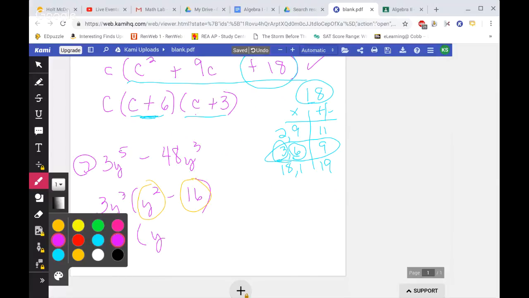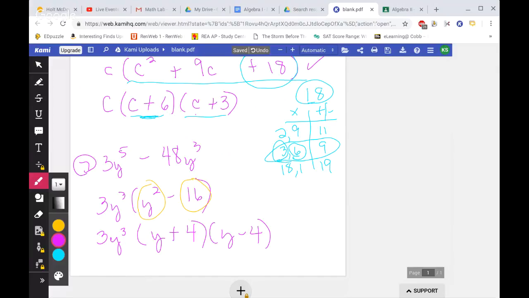So when it's the difference of two squares, that means there's a square in the front and a square in the back with a minus sign in the middle. Yeah, that makes sense. And basically it factors down to y plus 4, y minus 4, because the whole point is that the middle term cancels itself out. So if I were to FOIL this completely out, that middle term cancels out, and you're just left with the leading term and the ending term.